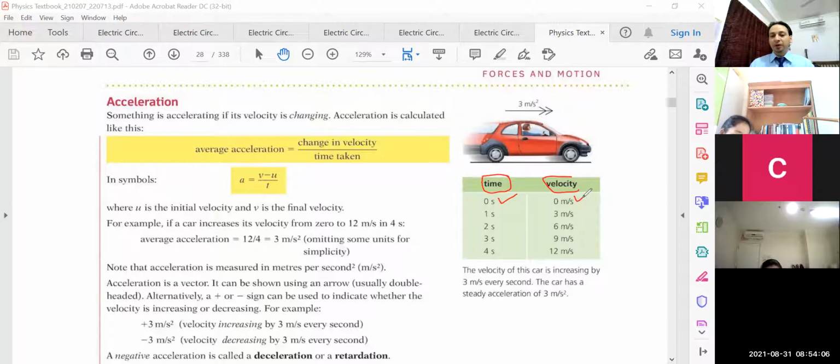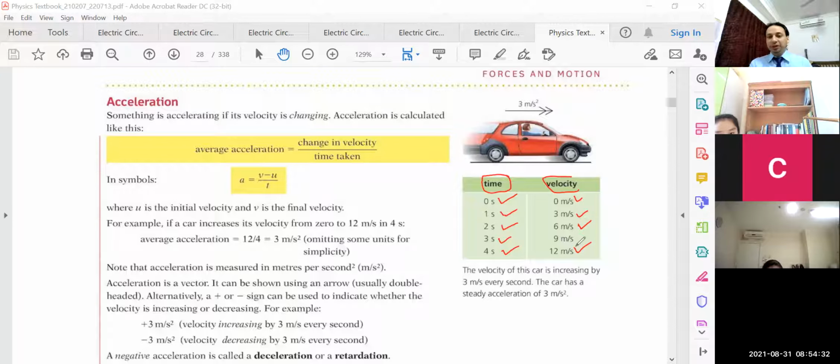After 1 second, the car has changed its velocity, and you can see the velocity is 3 meter per second. After 2 seconds, the car has a velocity of 6 meter per second. Similarly for the third second, and at the end of 4 seconds, the car has a velocity of 12 meter per second.